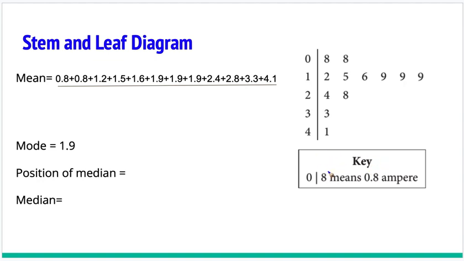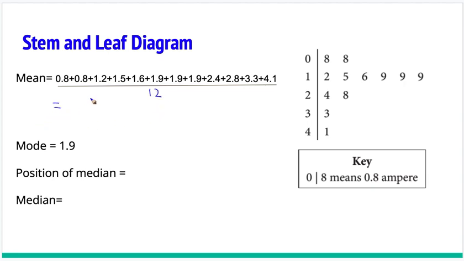We must understand what is the key. So 0|8 means 0.8. So the first number is 0.8, second number 0.8, third number is 1.2, and so on. So we add all the numbers and divide it by 12, since there are 12 numbers.